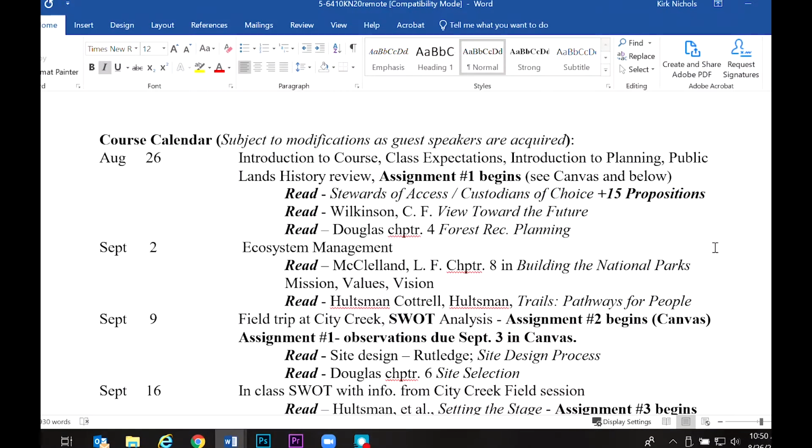That discussion doesn't happen until September 23rd, so you do have time to order that book. I believe all the rest of the readings are on Canvas under files for this class. I believe Canvas organizes them alphabetically, so you do have to do a little bit of searching. And the order of the reading will always be here in the syllabus.